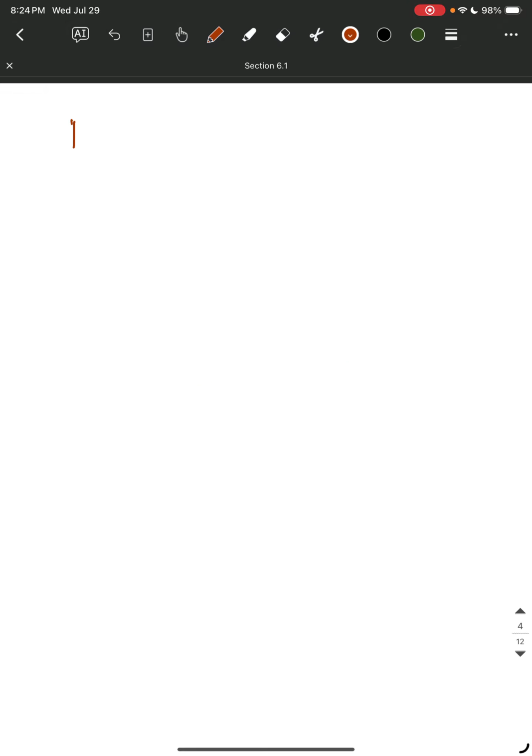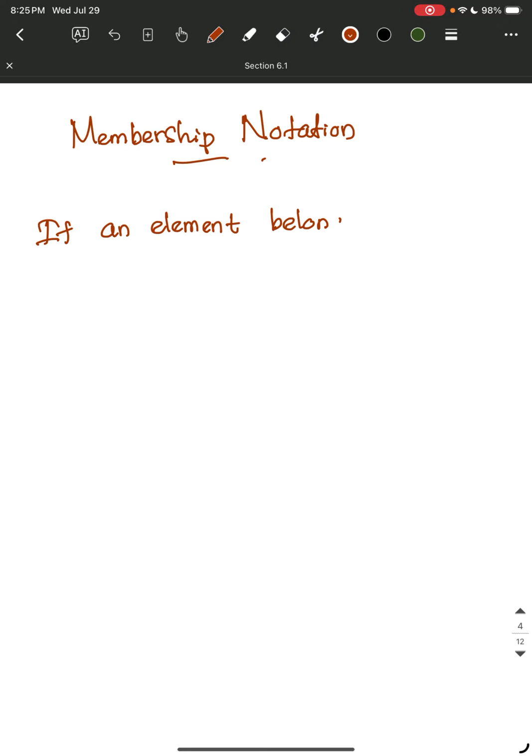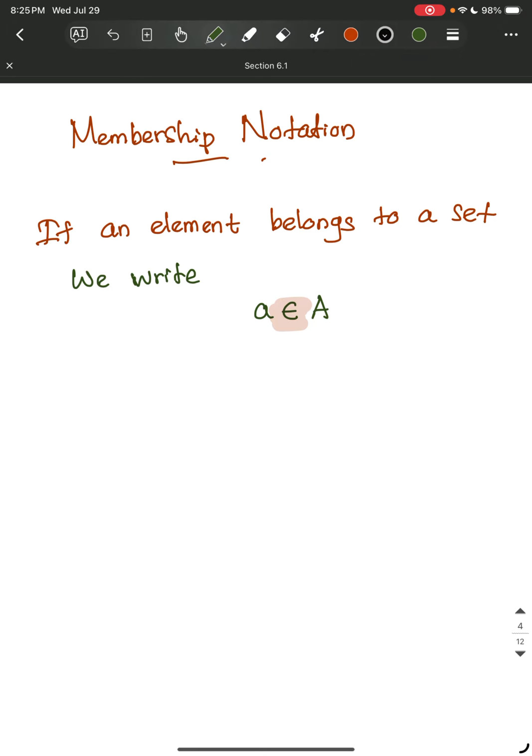If an element belongs to a set, we write a belongs to set A. This symbol means belongs.